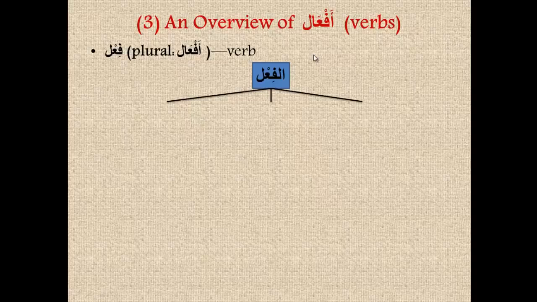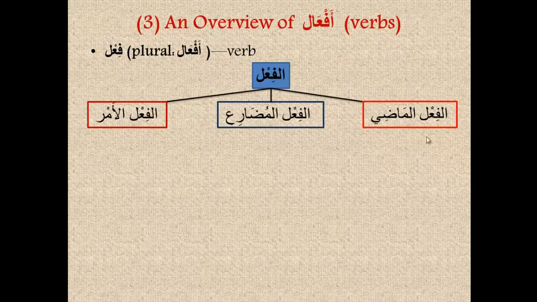We have the past tense, the present tense, and the command form. These are the three major categories of conjugation. Here they are. Al-fi'l al-madi refers to the past tense. Al-fi'l al-mudari' is the present tense. And al-fi'l al-amr is the command.